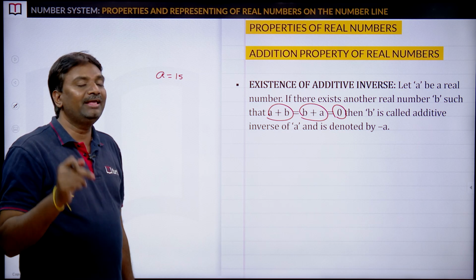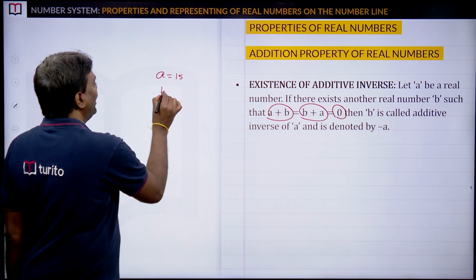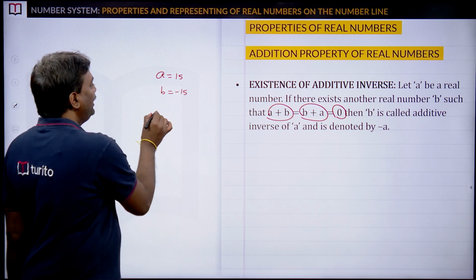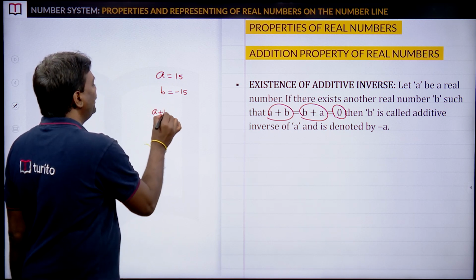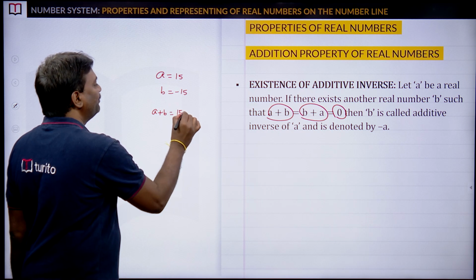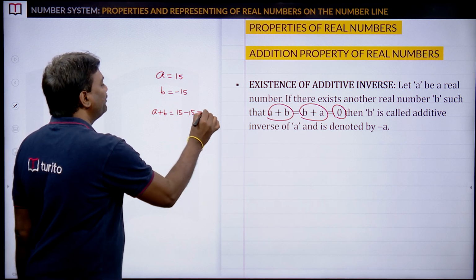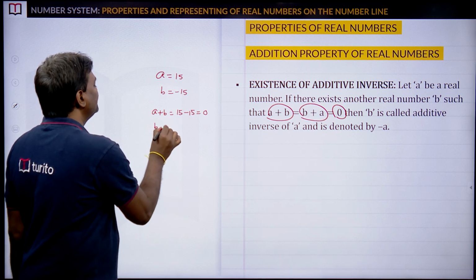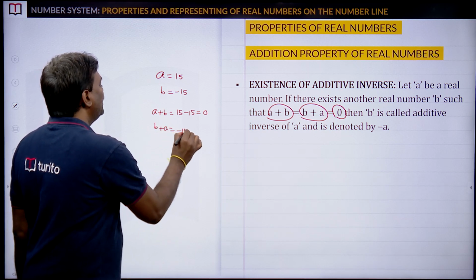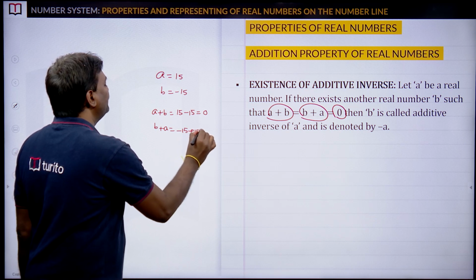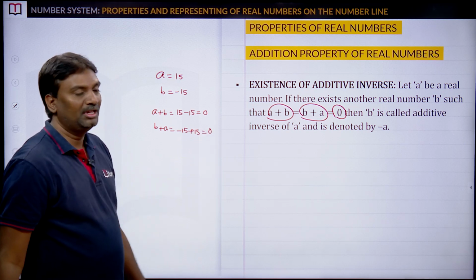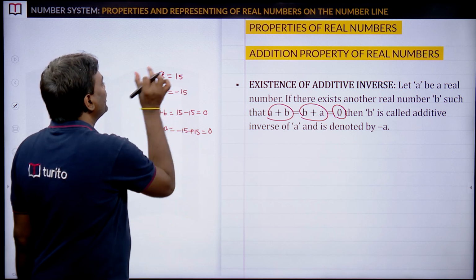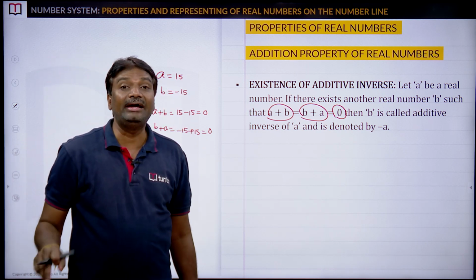Only by adding minus 15. So if we take b equal to minus 15, then a plus b, 15 plus minus 15, you will get 0. Similarly b plus a, minus 15 plus a, again you will get 0. So by taking a equal to 15 we can say the additive inverse of 15 is minus 15.